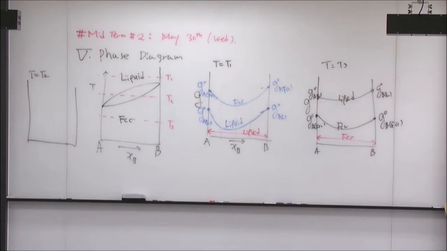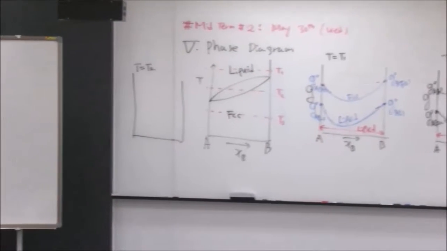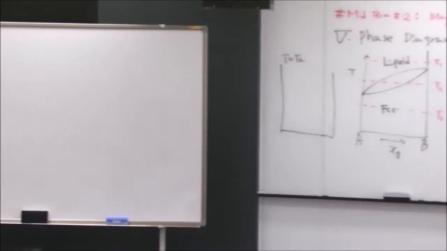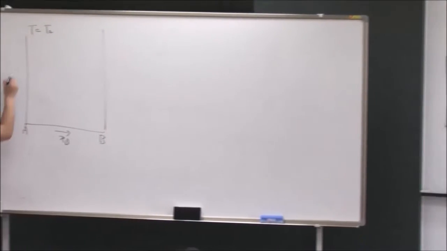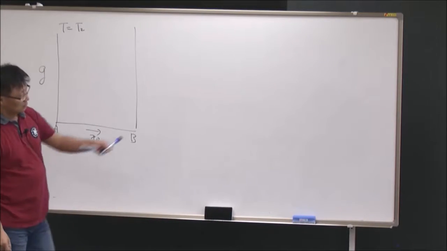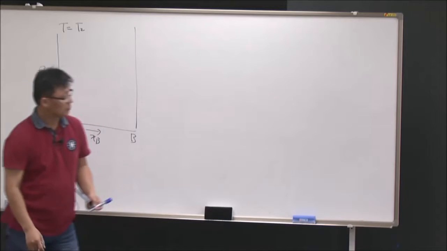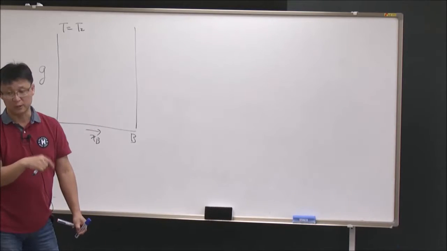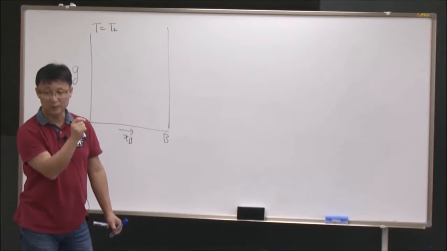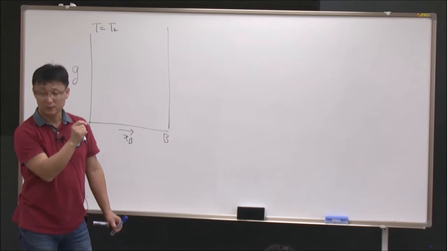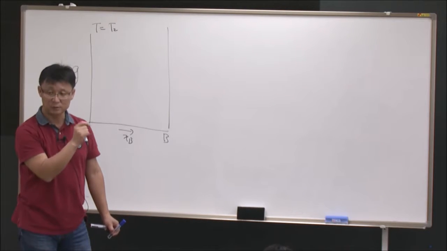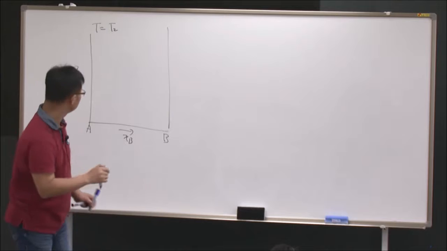So T equal to T2 temperature. Same thing, A, B, mole fraction of B, Gibbs energy. If you look at the diagram over there, at T2 temperature, A is stable as a liquid phase. B is stable as solid FCC state, yeah?